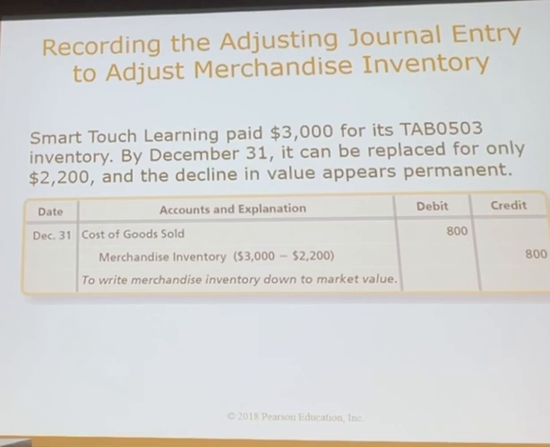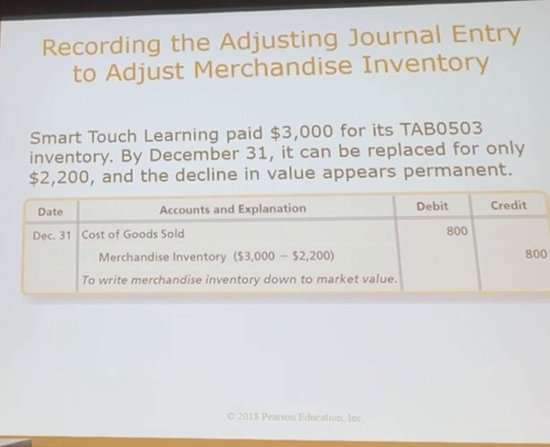So they would have to make an adjustment to their balance sheet to reduce the carrying value of the inventory by $800. And so the journal entry that they would use to do this would be that they would debit cost of goods sold, $800. They would credit merchandise inventory, $800. We call this writing down the value of the inventory.